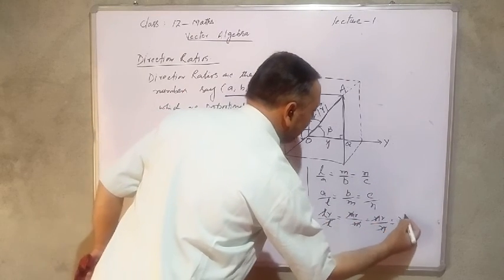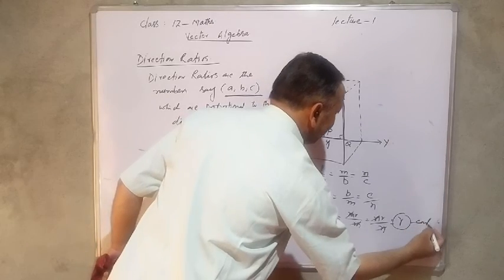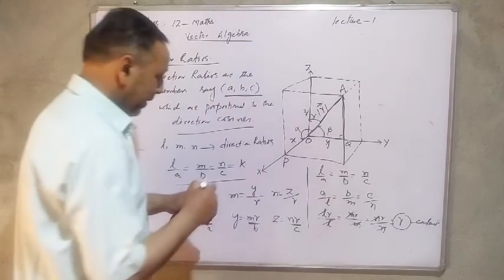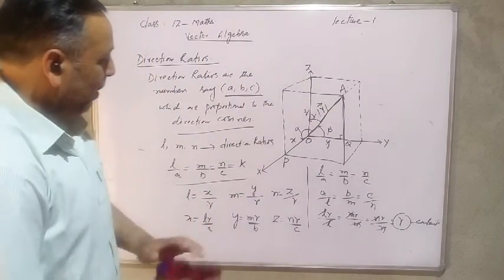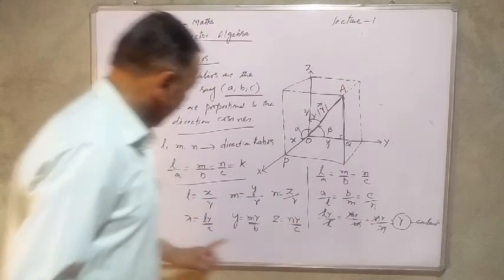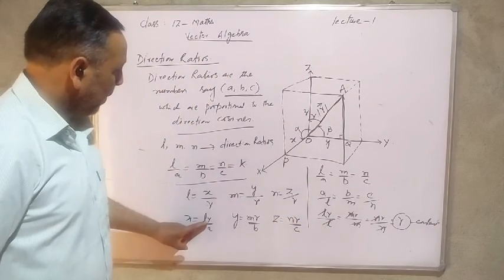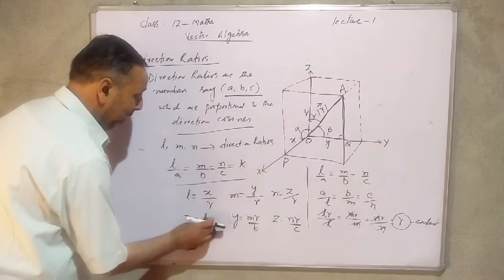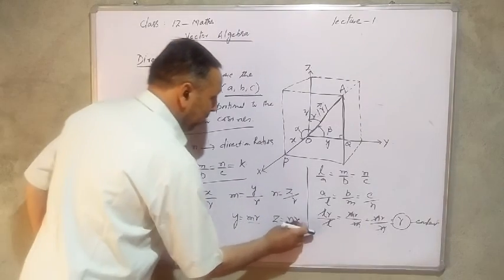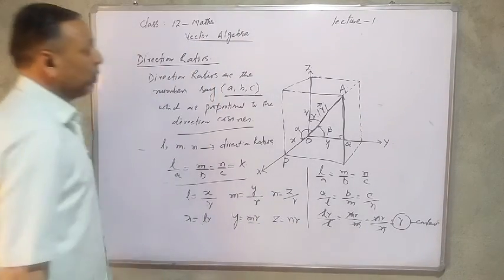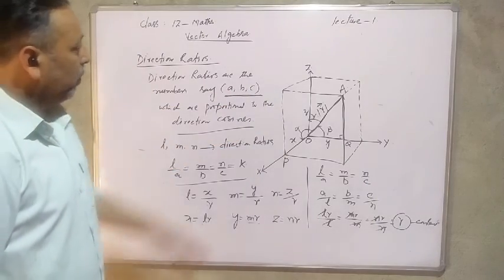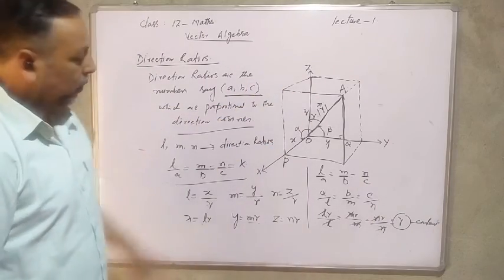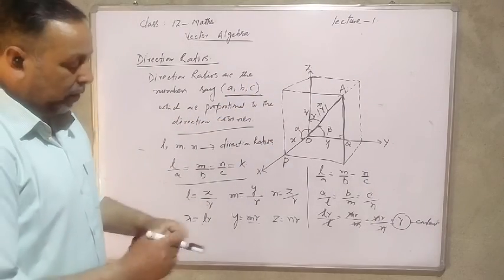This is equal to r, which is a constant. Therefore LR, MR and NR are actually the direction ratios. I hope you understand.